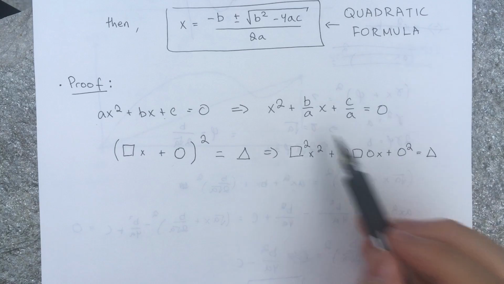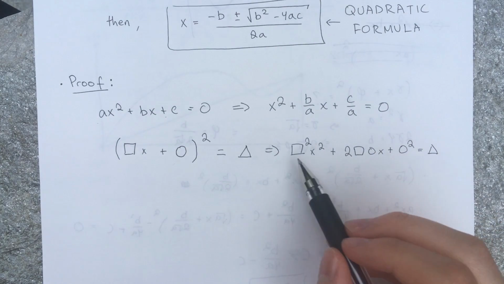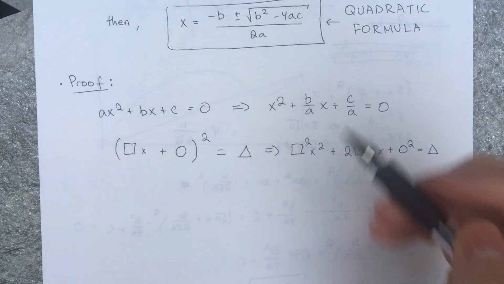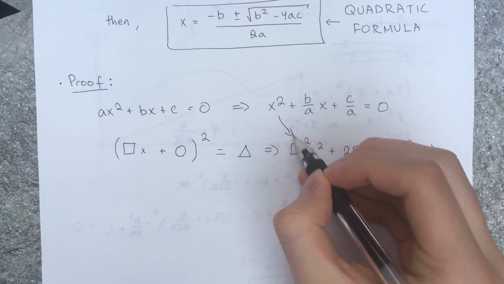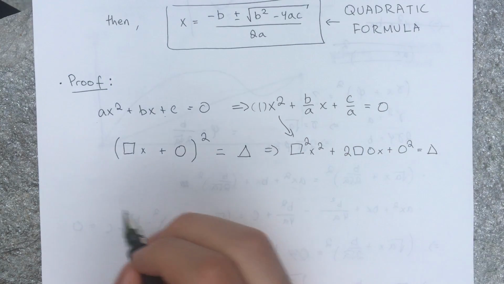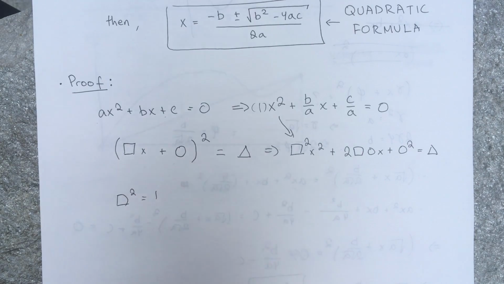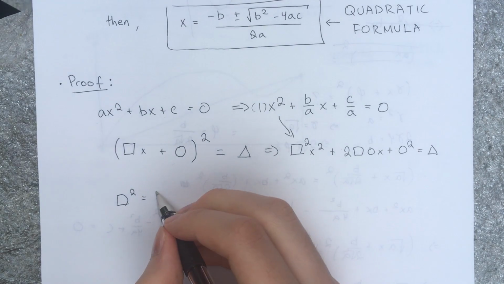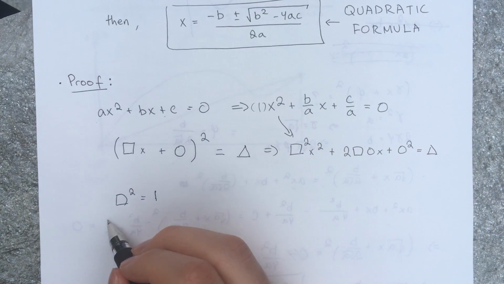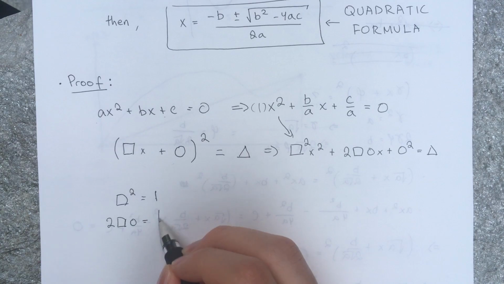So now we can just match these up so everything works out. So from this, basically, here there's a 1 times x squared, so we're going to get square squared equals 1. We're going to get 2 square circle is equal to b over a.